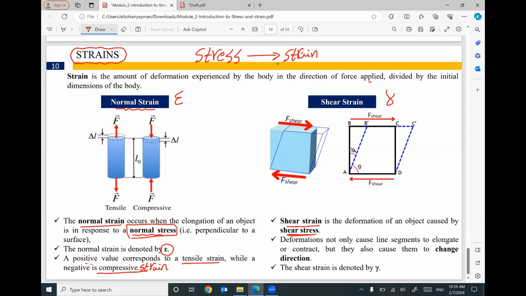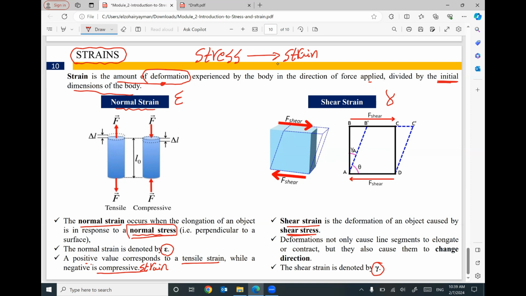Shear strain is caused by shear stress and is labeled by gamma. Does that make sense? So if you have stress, we will have strain. Strain means change of deformation, the amount of deformation related to the original dimension of the member. So it's not just the amount of deformation and that's it. No, we have to relate this amount of deformation to the initial dimensions of the body.